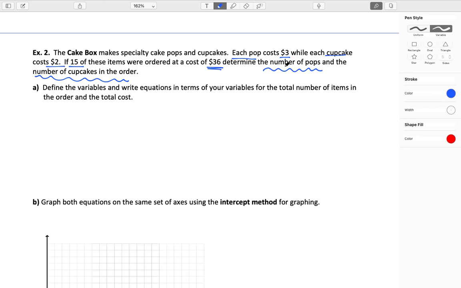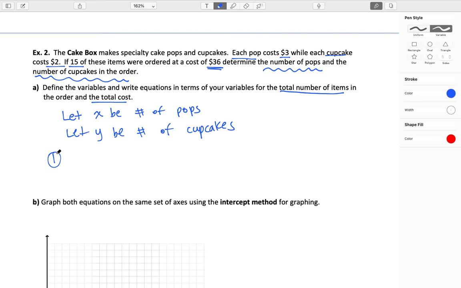Okay, so it looks like our let statement has to be the number of pops and number of cupcakes. And we want to write two equations because we have two unknown variables. One equation is based on the number of items, and the second equation is based on the cost. So we could say let X be the number of pops and let Y be the number of cupcakes.